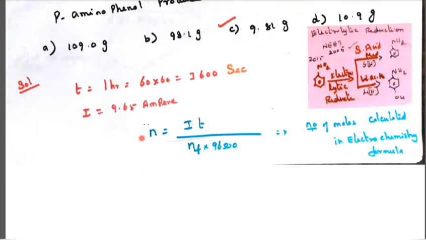This is the formula to find the number of moles in electrochemistry. So when the time and the current are given, follow this number of moles formula. This is a trick for you.